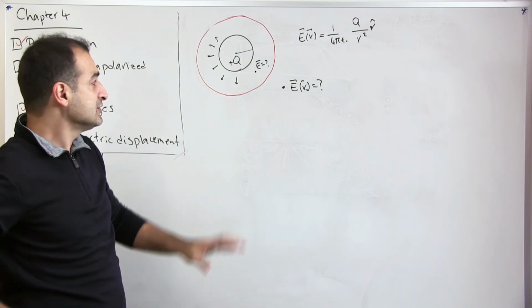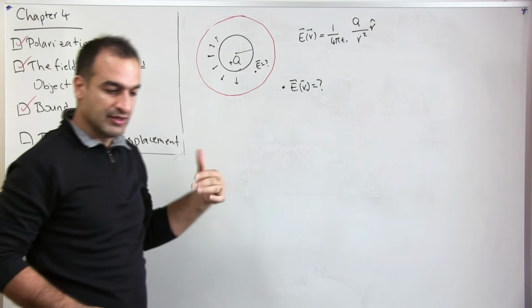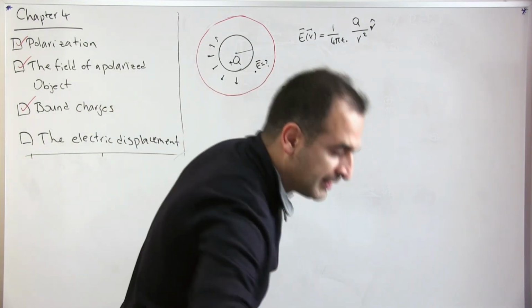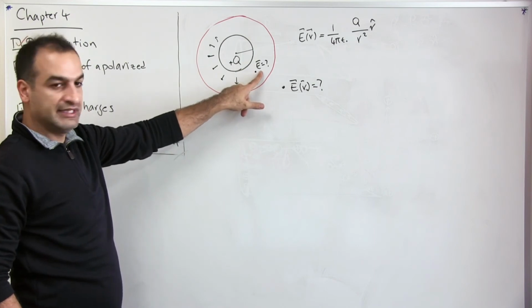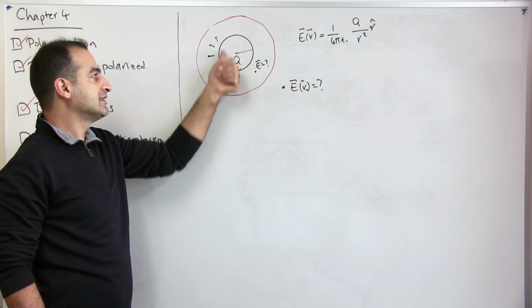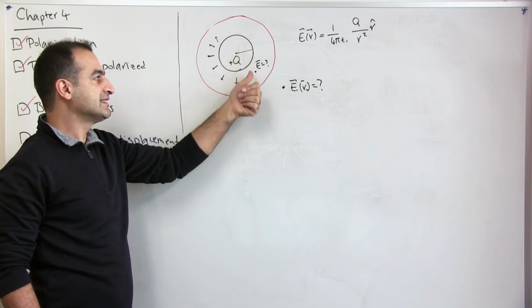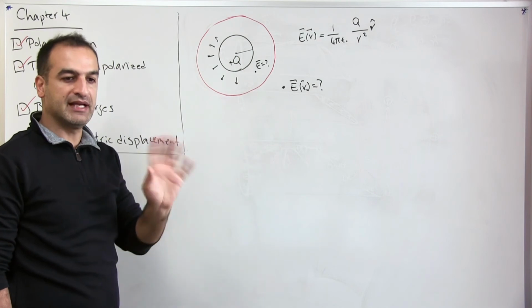So this is the kind of thing we're going to calculate in this section. Let's go step by step and look at how we can calculate the electric field here, which is a result of two things: the actual electric field created by the positive charge and the electric field created by the polarization. So keep that in mind.